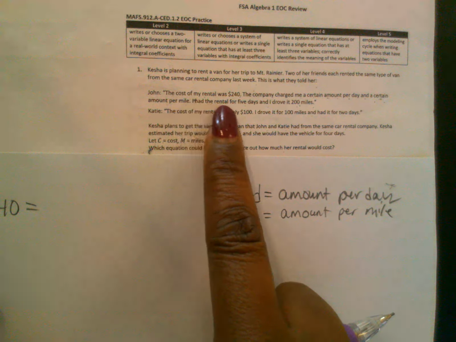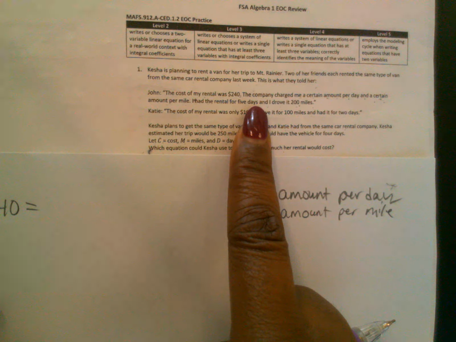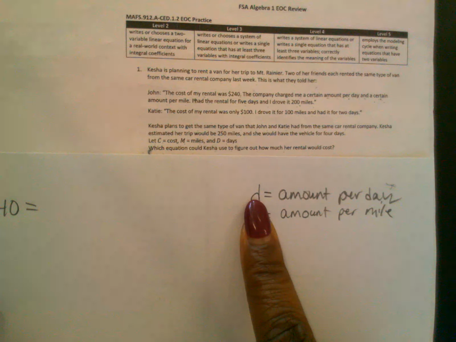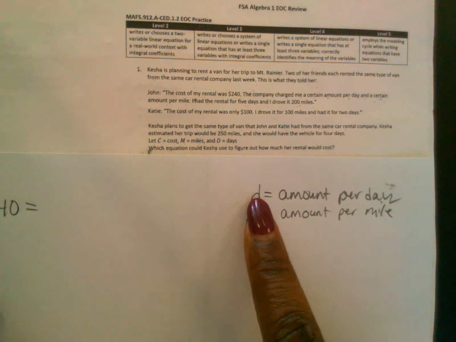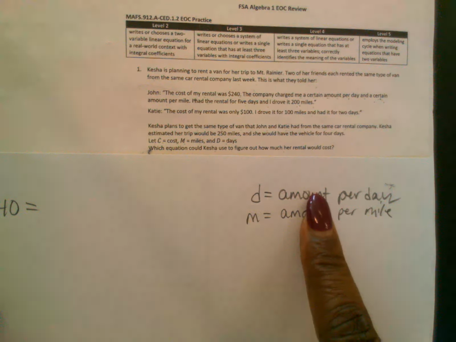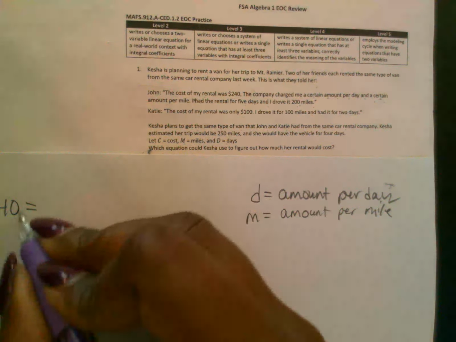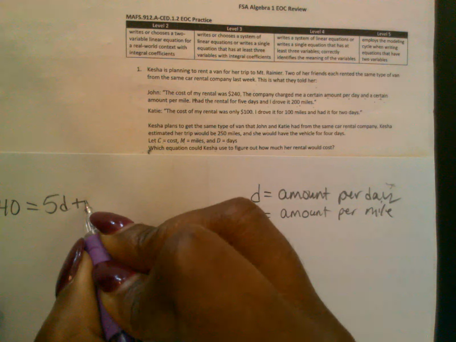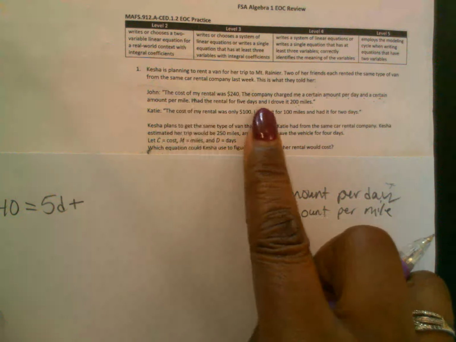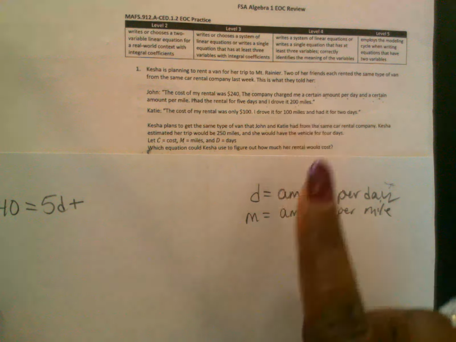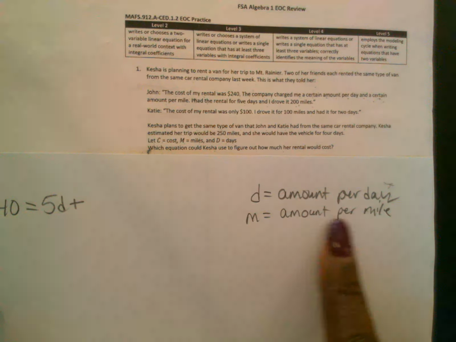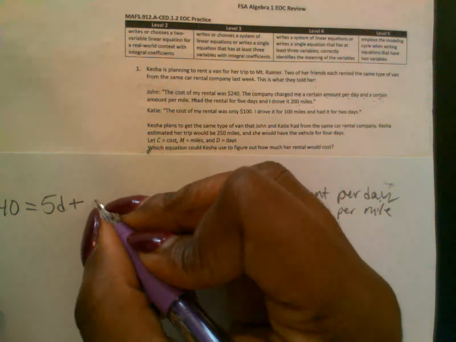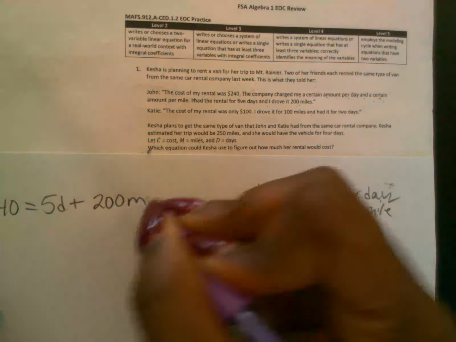What else? He said he rented it for 5 days, so that's 5D, because it's 5 days at a certain amount. So this amount came from 5D plus 200 miles, so it's 200M, because it's a certain amount every mile.